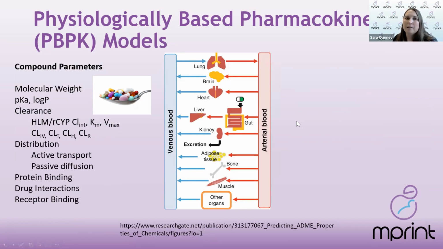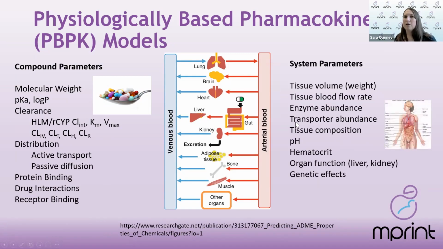One advantage of this is that it allows you to integrate a variety of data on your compound as well as your system to get a better mechanistic understanding of the pharmacokinetics.